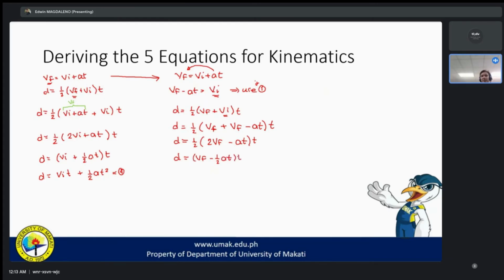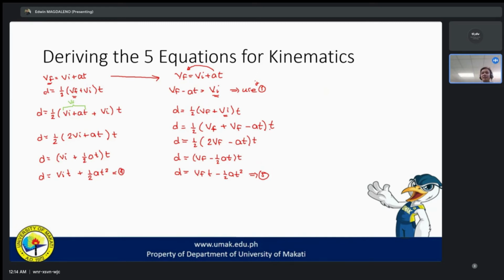Distributing time, we have displacement equal to Vf times time minus 1 half acceleration times time squared. So we have equation number 5.